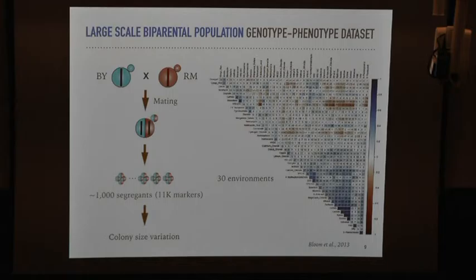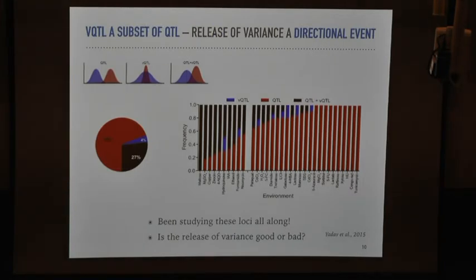So we took this and did QTL mapping for all the 11,000 markers across all these 1,000 segregants, for all three kinds: mean QTL, variance QTL, and mean and variance QTL together. And this is what the distribution was. Obviously, this was a published data set, so they had already done mean QTL analysis, and that's what we also found.